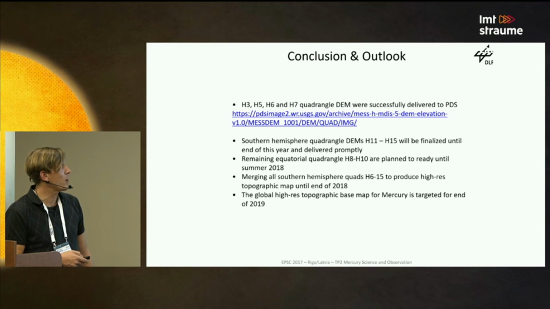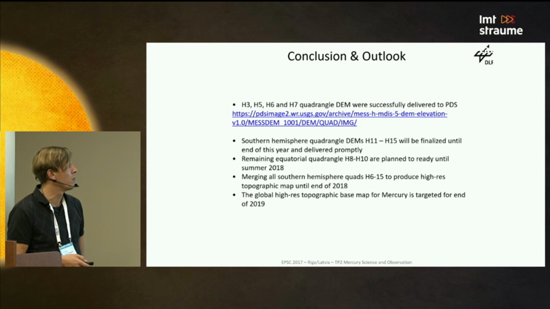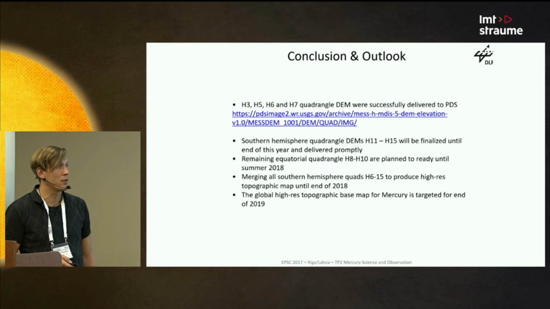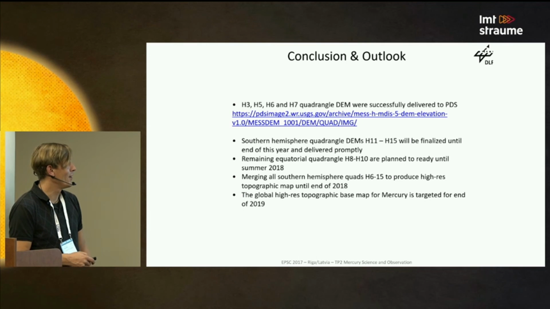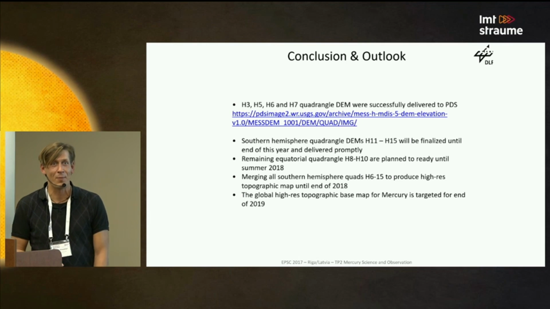The Southern Hemisphere quadrangles will be finalized this year and, I guess, delivered promptly. Remaining quadrangles are planned to be ready next year, and we hopefully can finalize the global topography map for Mercury in 2019. Thank you very much.